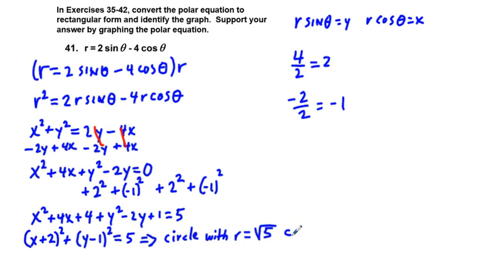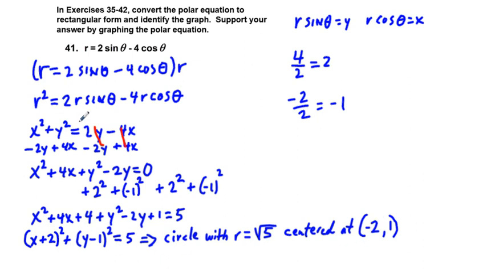And the circle's going to be centered at the coordinate pair. We have this x form x minus h. So the x value is negative 2, and the y value of our center is 1. So we look for negative 2, comma 1 being at our center there.